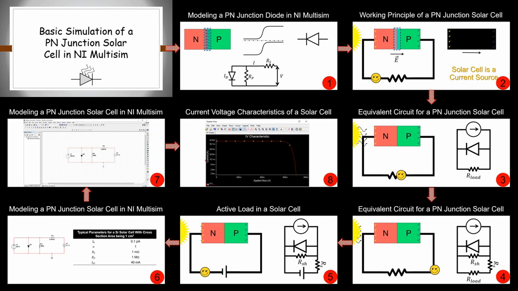After that, you need to replace your load resistance with the active load, and then you need to identify values for individual components in your equivalent circuit. Once you have all those things, you can design your equivalent circuit in any circuit modeling tool. That can be NI Multisim, that can be ngSpice or PSpice. And you run the simulation, you will have all the results.